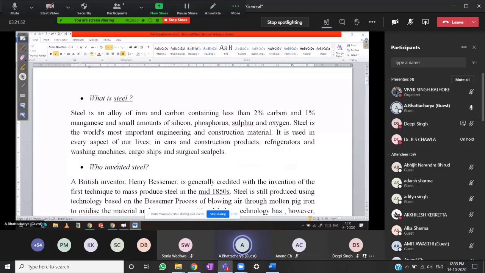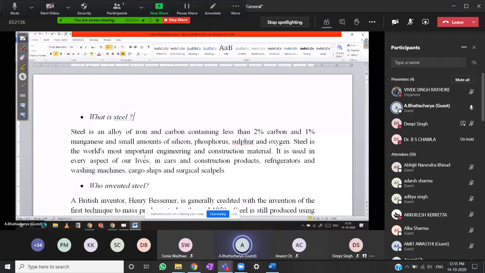We used to have in our erstwhile company, Steel Authority of India Limited, a slogan: a little bit of SAIL in everybody's life.